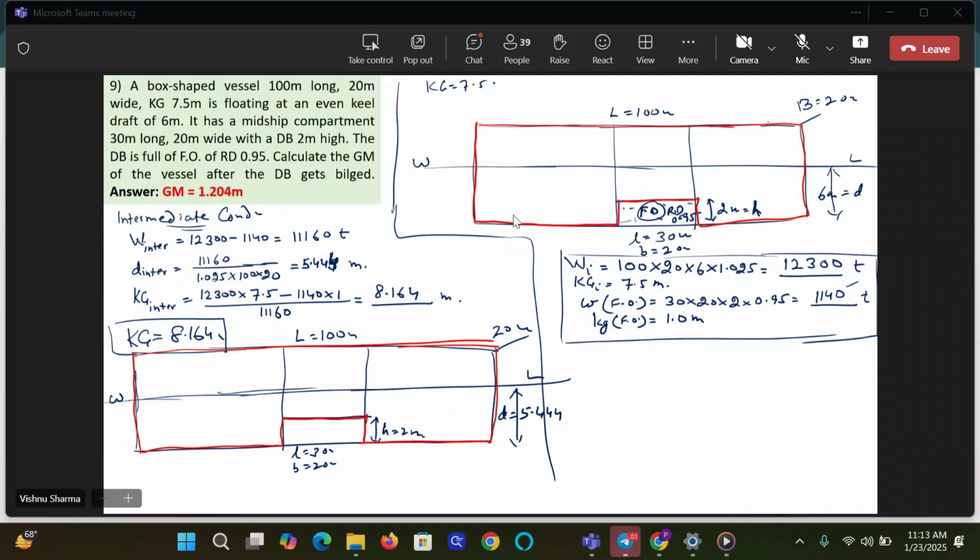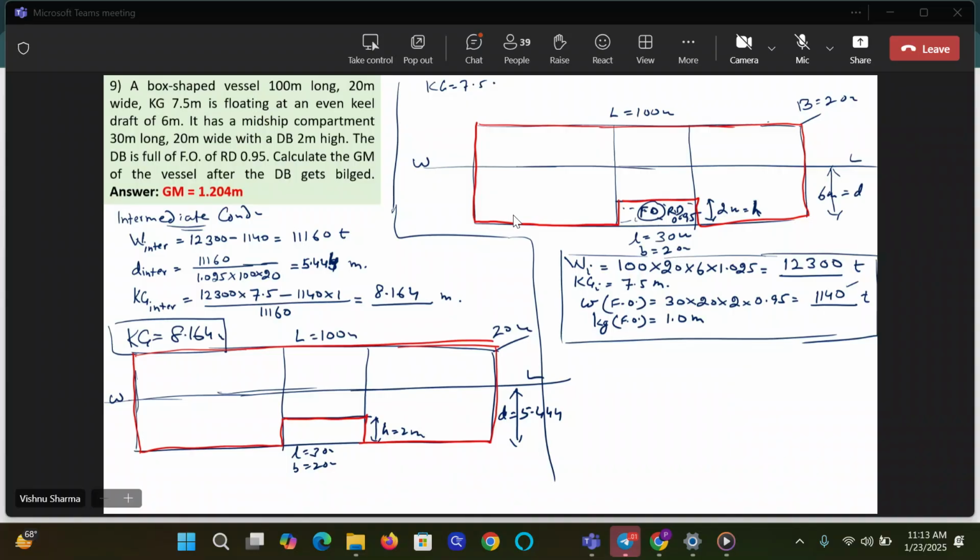Yes, sir. Because in one case dB is full, in the other case dB is empty. Does everybody agree, or are there any questions?